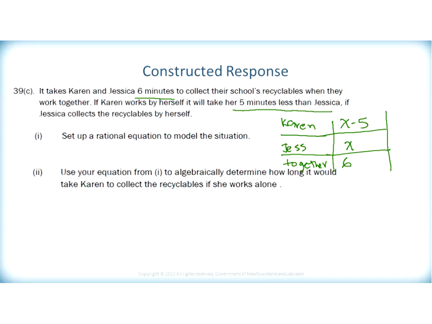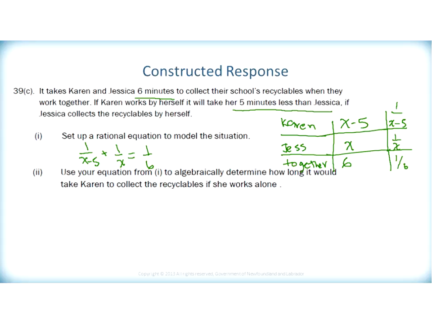The fraction of time that they would take would be 1 over x subtract 5, 1 over x, and 1/6. So the rational equation would be 1 over x subtract 5 plus 1 over x would equal 1/6.